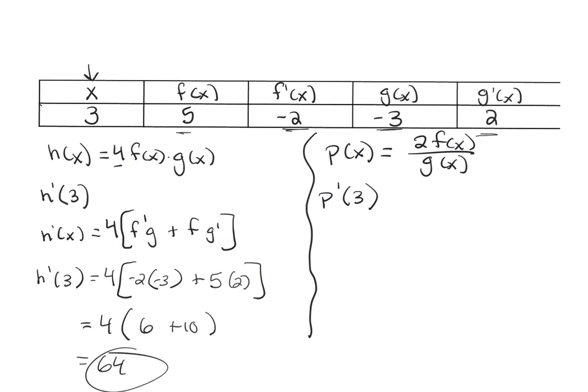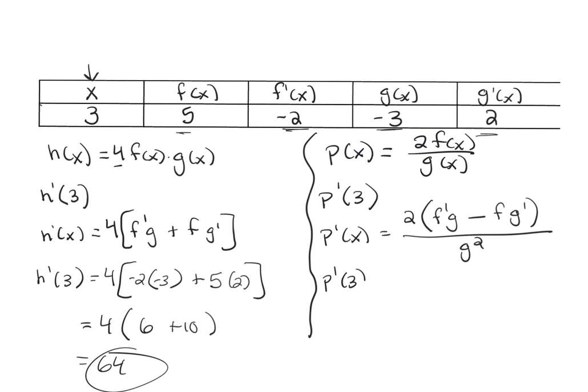Okay, same idea with p of x. So p prime of x. Once again, that coefficient I could just bring out in front, and then I can do f prime times g minus f times g prime all over g squared. So to do p prime of 3, okay, f prime at 3 is negative 2.